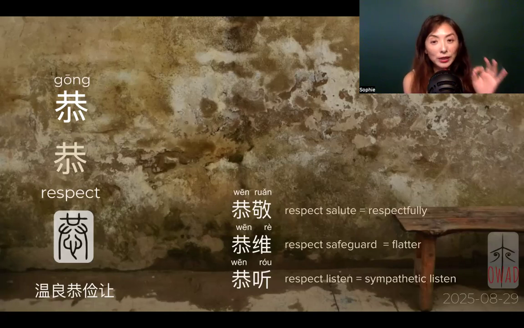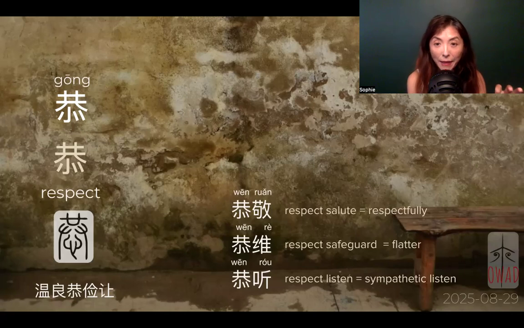So this respect in that sense is definitely exterior behavior, that you show your respect, but actually the intention is to safeguard yourself. So that's a very interesting Chinese reading of a human psyche. That's 恭维.